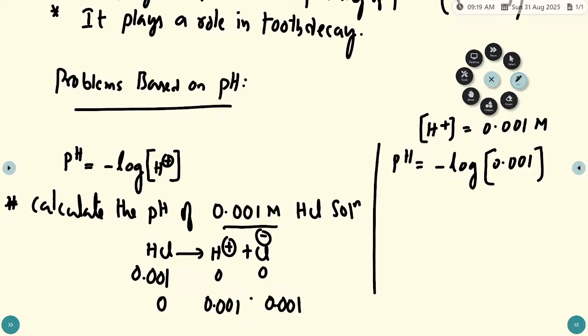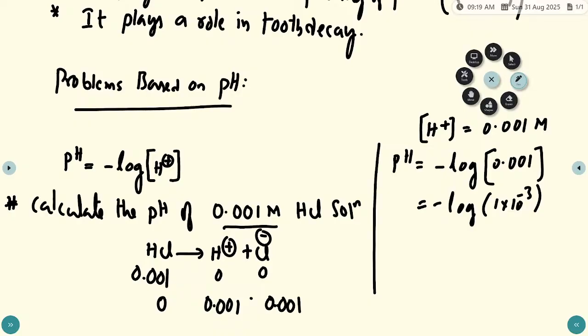Okay. So pH is equal to minus log of this value. So you can simplify like this: minus log of 0.001. You can write it like this: 1 into 10 to the power of minus 3, isn't it?